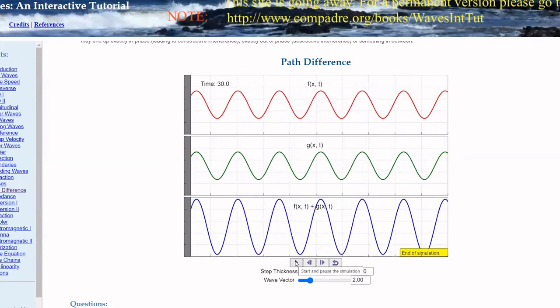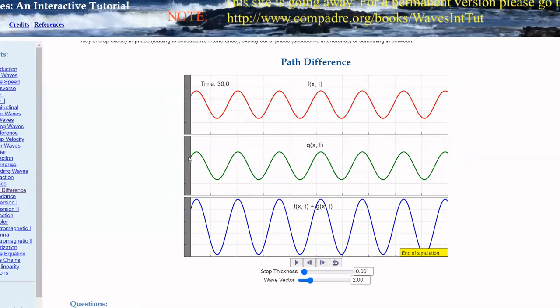Now what happens if I introduce a phase difference? This is coming up in a future slide. So far I've just talked about the difference in their phase constants, but there's an overall phase difference that's going to depend not only on their inherent phase shift, but also on delta x, the path length difference.